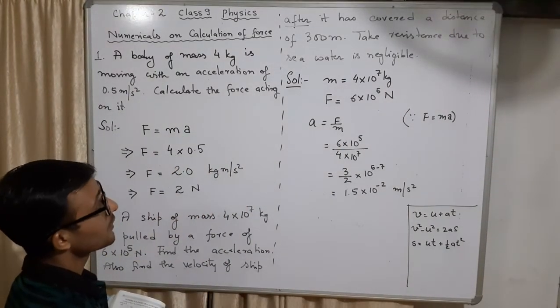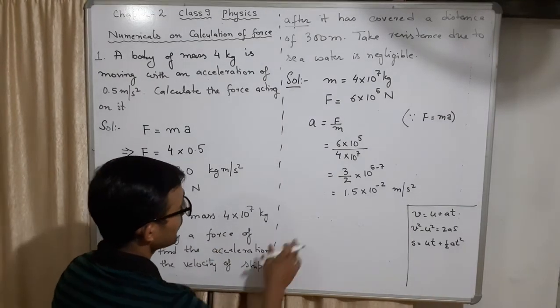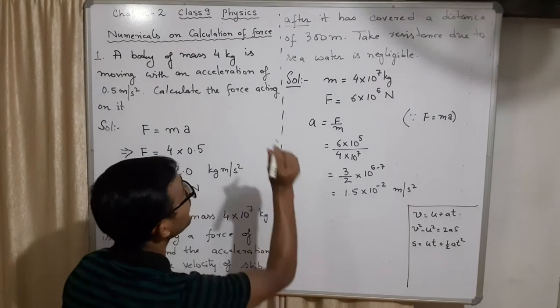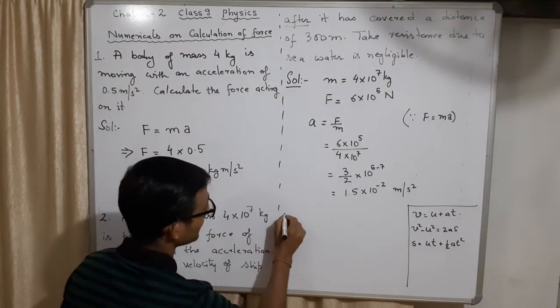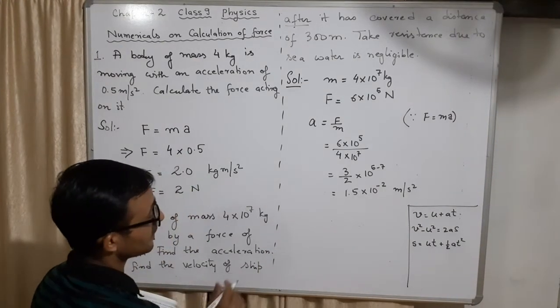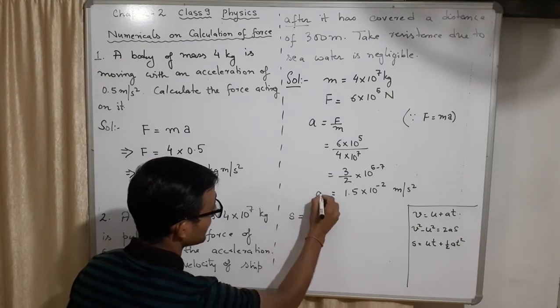From here we will use one of them which is required in this question, that is important. Here, find the velocity of the ship after it has covered a distance. That means we are required to find the velocity. Distance is 300 meters, acceleration we already know.